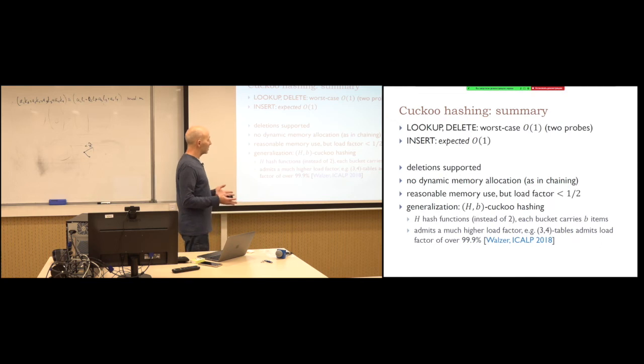And it turns out that when we allow more than two hash functions and more than one item per bucket, this improves the load factor greatly, really tremendously. So for example, in this paper, quite recent by the way, 2018, they showed that if we have 3 hash functions and 4 elements per bucket, then the load factor is almost 100%.